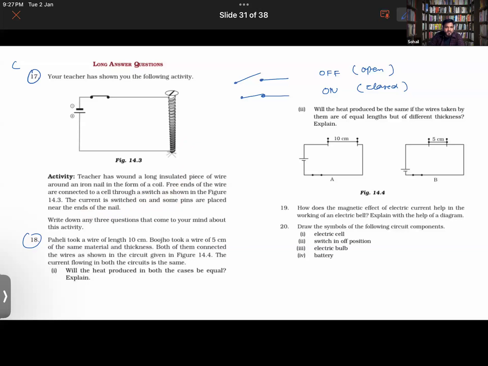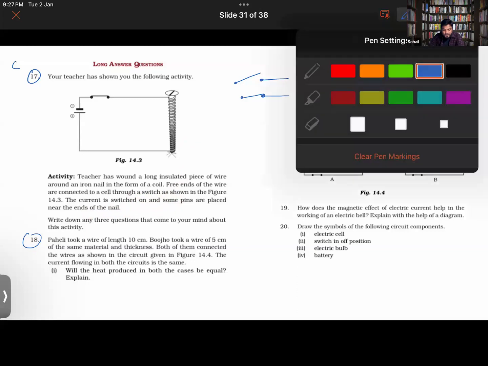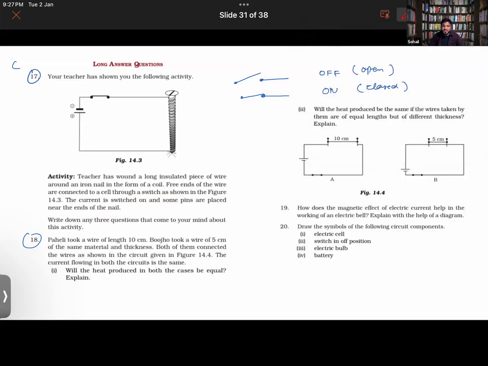The first question that should come to our mind is why the pins get attracted to this iron nail.